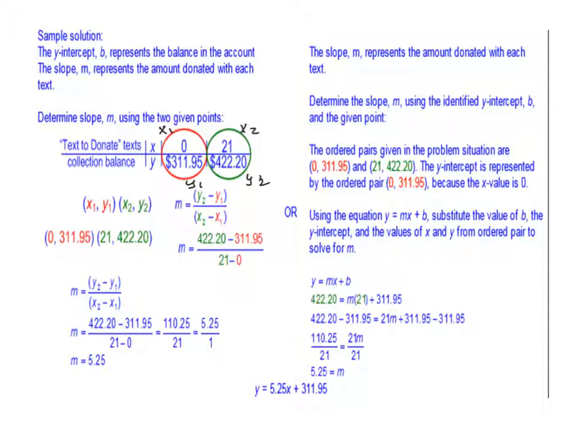Up here we were trying to find m, but we can solve for m by plugging into the formula. So we'll subtract 311.95 from both sides so we can get the 21m by itself. And once we do that, we can divide both sides by 21 and we'll still get the 5.25 for m. So two ways of looking at it. Both ways give us the same slope, and then of course the actual slope formula.